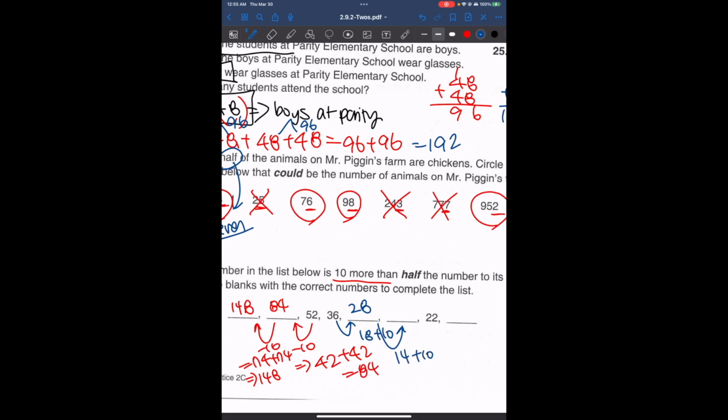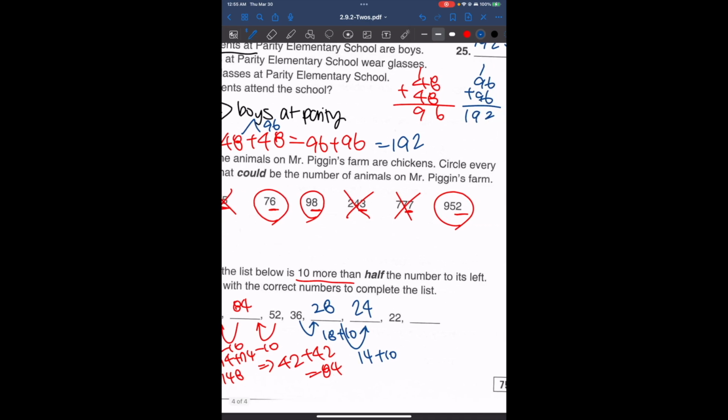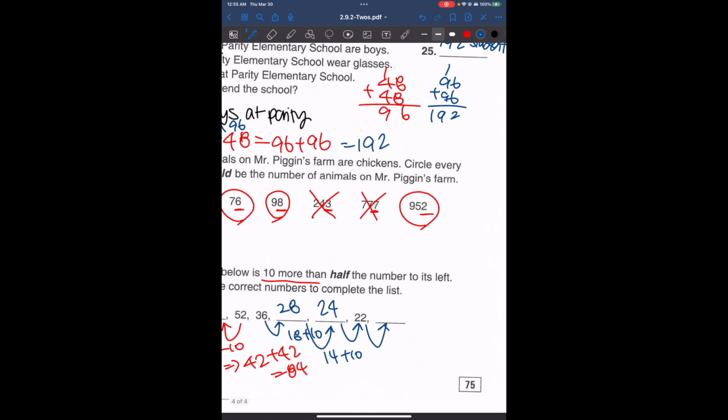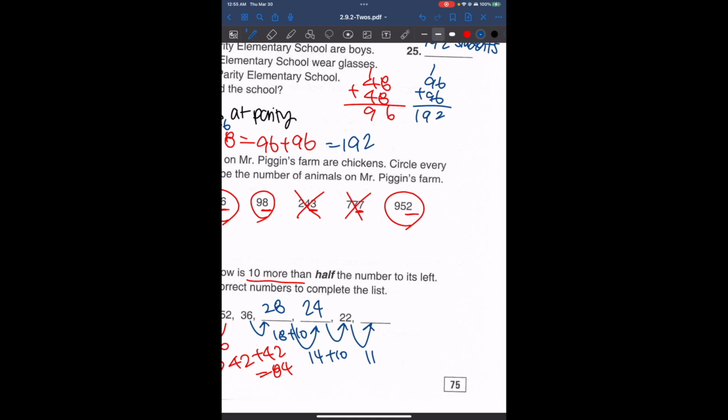Now add 10 to that, it gives us 24. Half of 24 is going to be 12, and 12 plus 10 is 22, so that's correct. And half of 22 is going to be 11, since 11 plus 11 is 22. And then add 10, so that gives us 21.